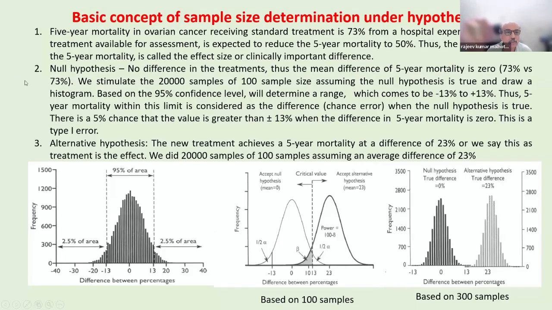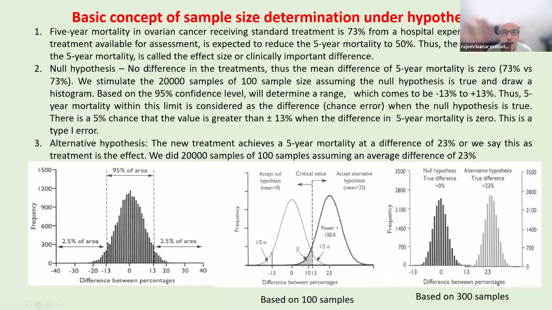Now, the second thing, we go for the alternative hypothesis. Now I say the alternative hypothesis is that the new treatment achieves 5-year mortality at a difference of 23%, because I assume that my new treatment will give an average mortality reduction of 23%.